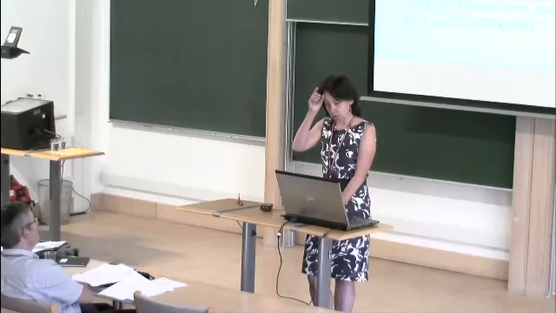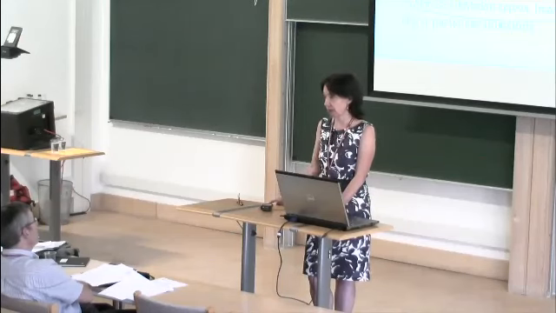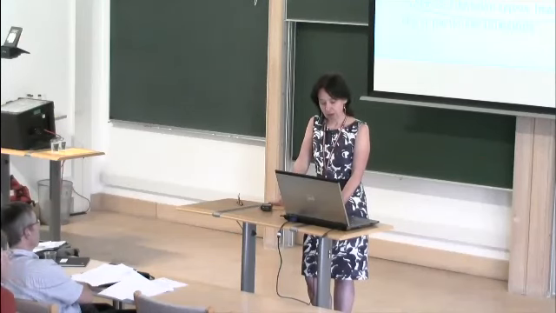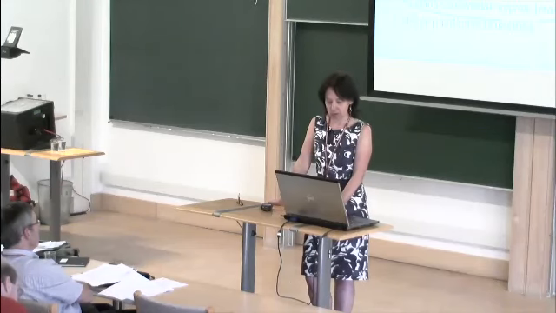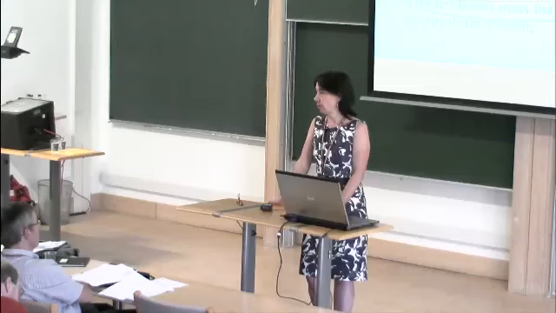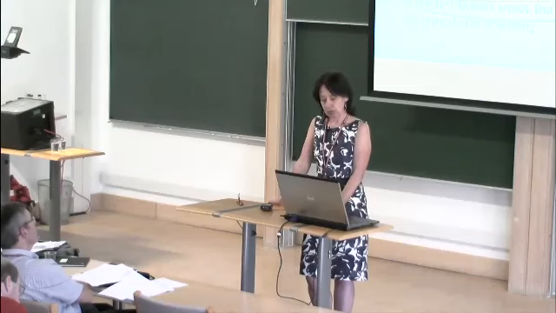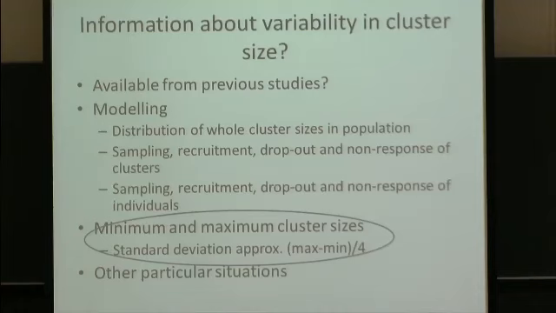I ask people what they think their minimum and maximum cluster sizes are going to be, and work out a standard deviation from that, and work out a coefficient of variation of cluster size from that, unless they're doing a trial in primary care, in UK primary care, randomising general practices, and then I will tell them what I think the coefficient of variation will be.